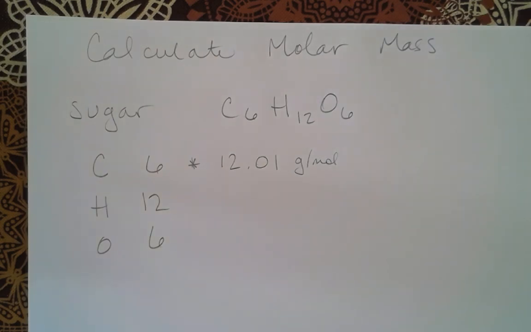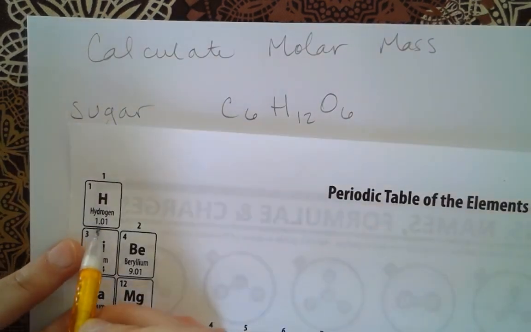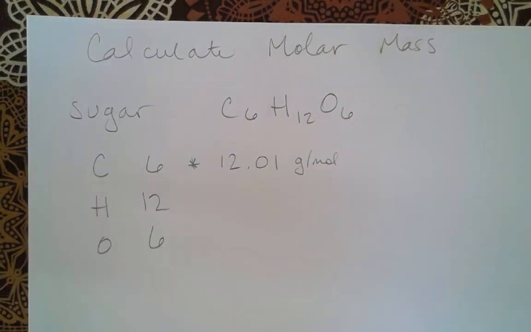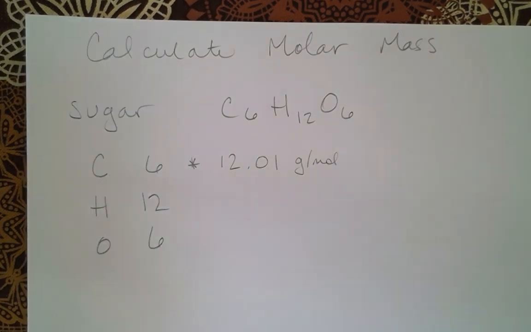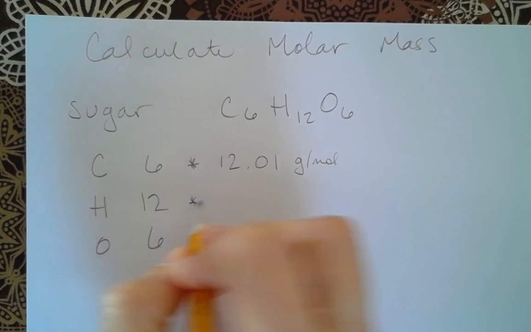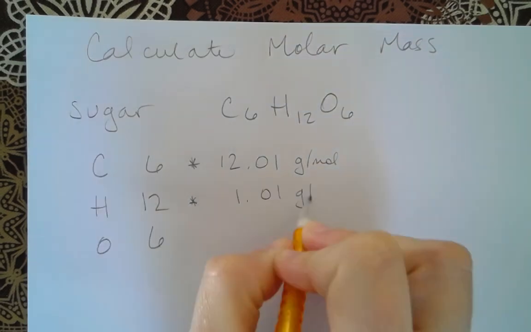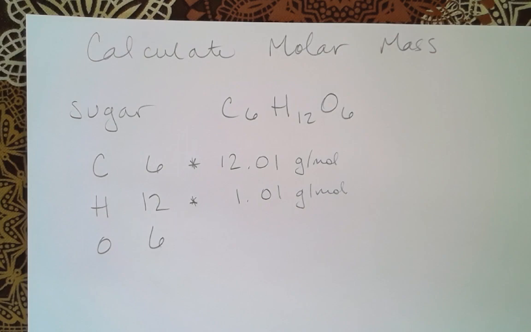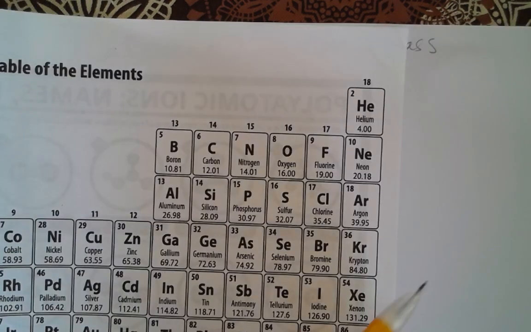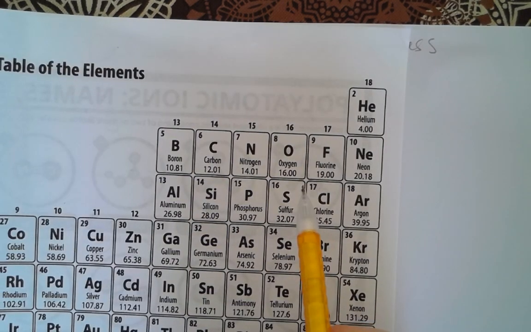Each one is 1.01 grams per mole. There we go. So each mole is 1.01 grams per mole for hydrogen. And 6 moles of oxygen. Each mole of oxygen is 16.00 grams per mole.